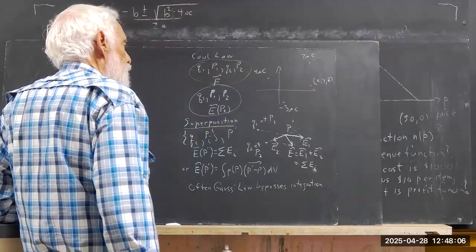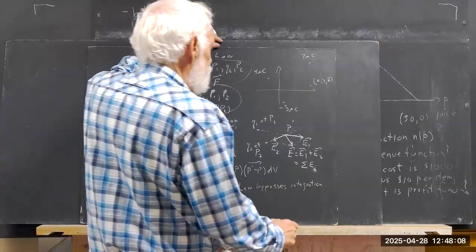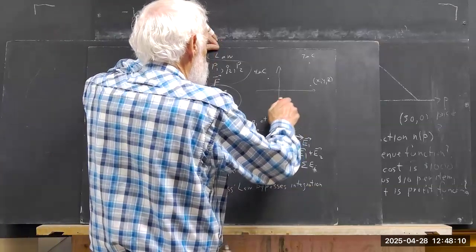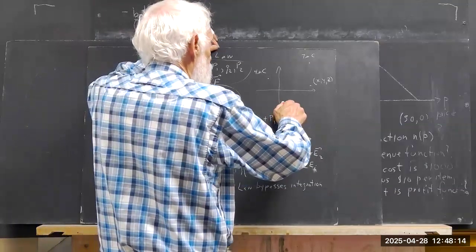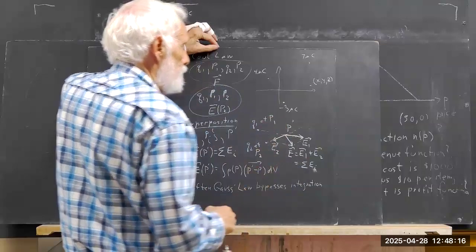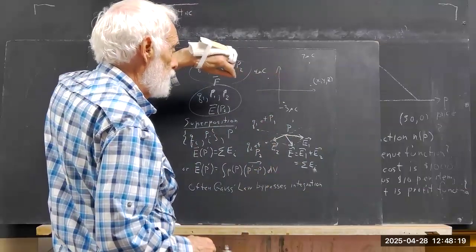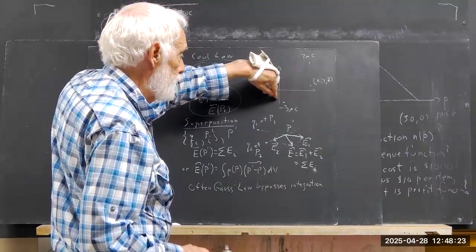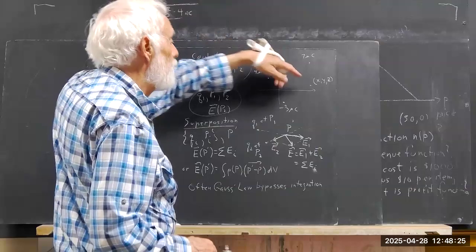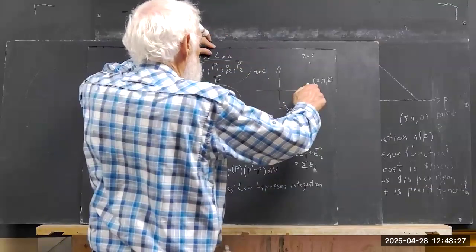Then what is your force diagram going to look like? Well, for your field diagram, your electric field here will be toward the point, because a positive charge would be attracted toward this point.